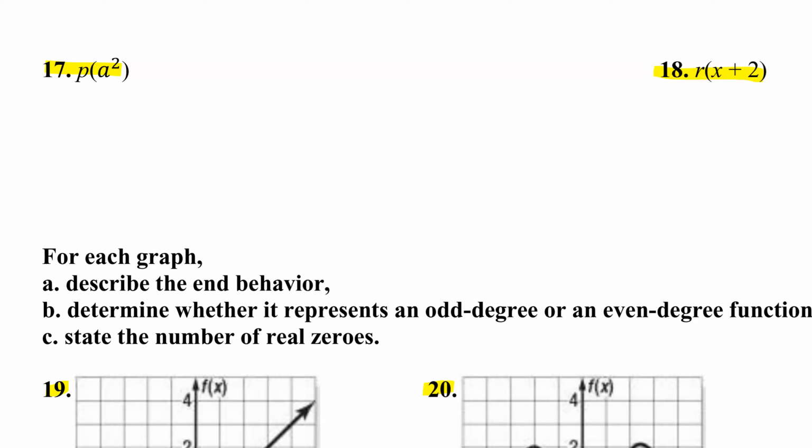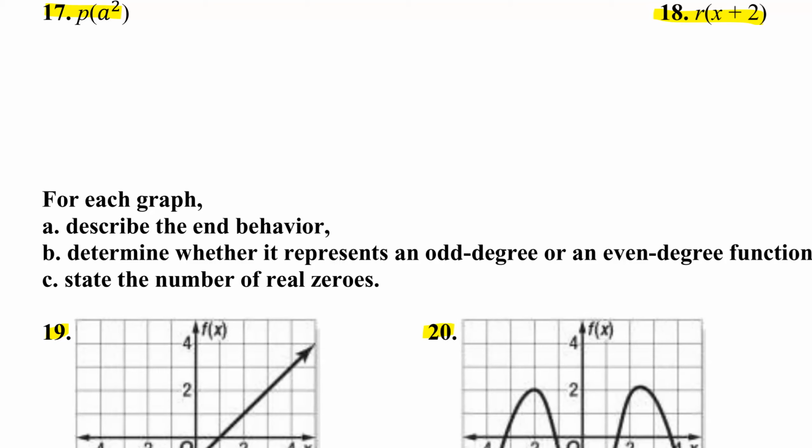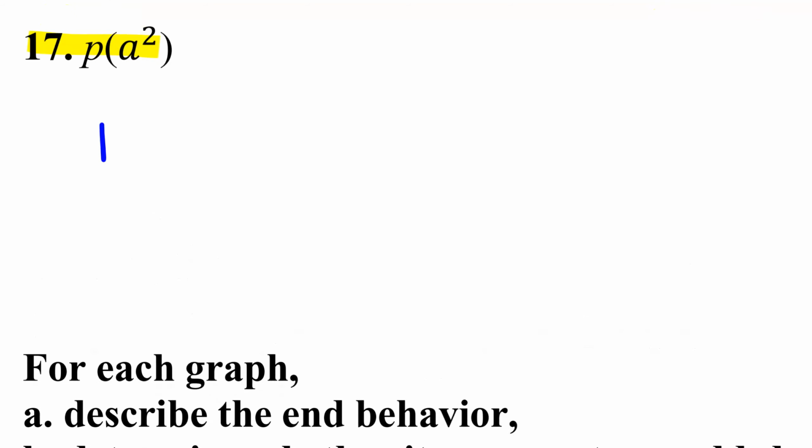Okay, 17 through 20. So this one, we're doing direct substitution, but it's not numbers, it's variables. So P from up above, because it's hard to see, P of x is a function equal to 4x squared minus 3.